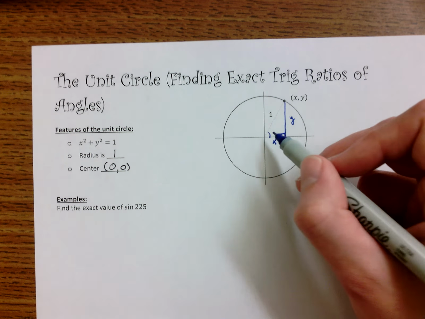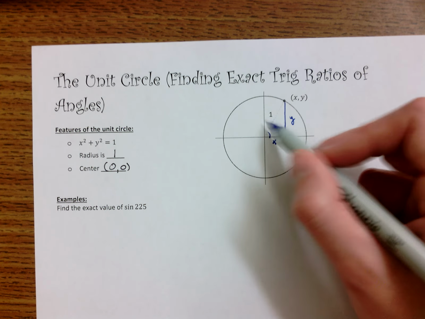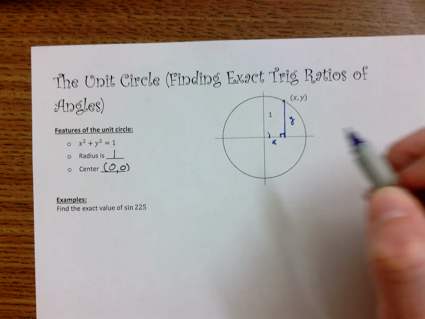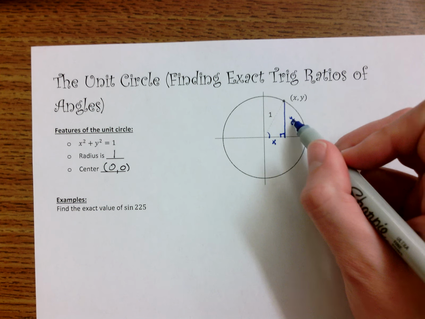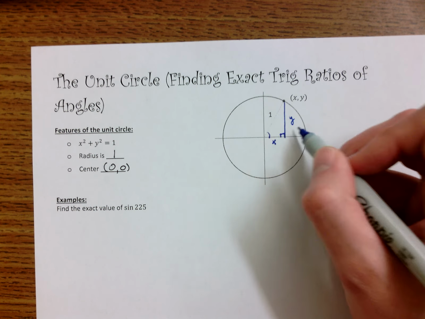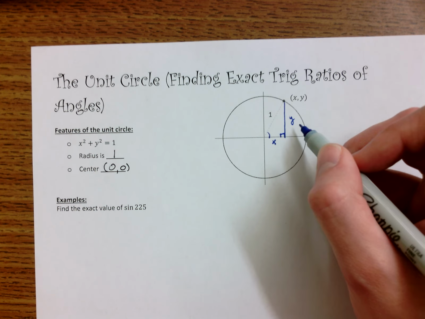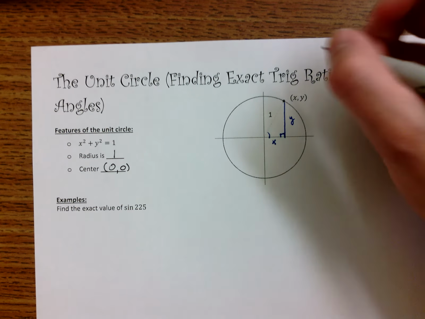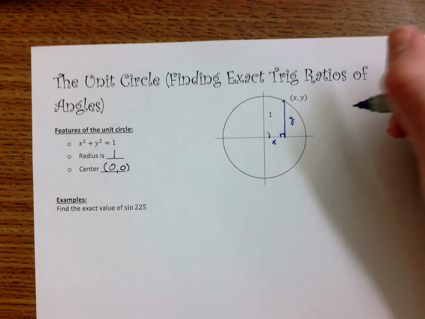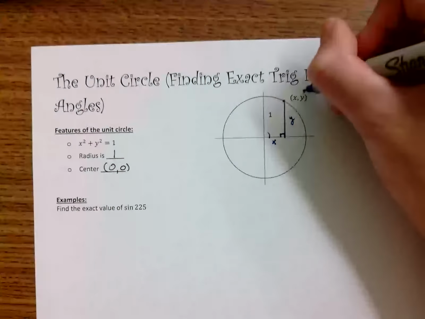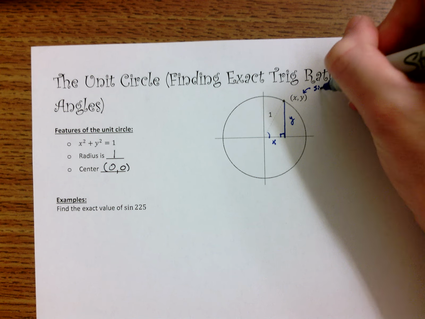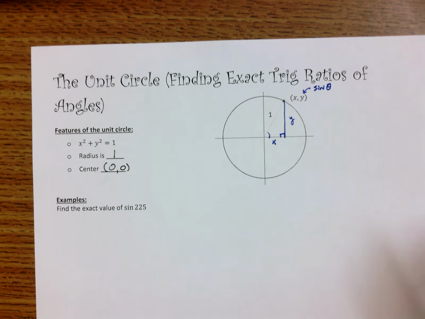The cool thing is, if your hypotenuse is just 1, when I go to find my sine and my cosine, my sine would be opposite over hypotenuse. Well, y over 1 is just y. So when I use this point (x, y), the y coordinate is what the sine of my angle is.